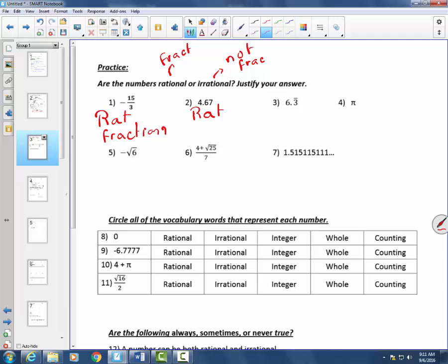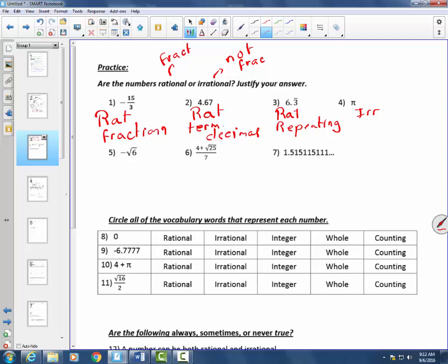It's a terminating decimal. 6.3, rational. It's repeating. Pi, irrational.